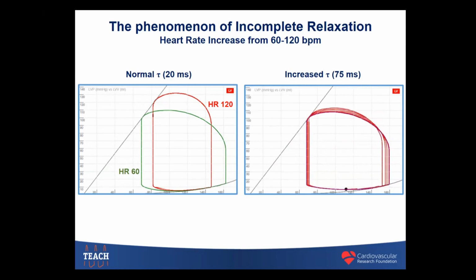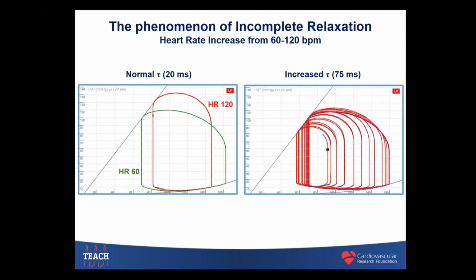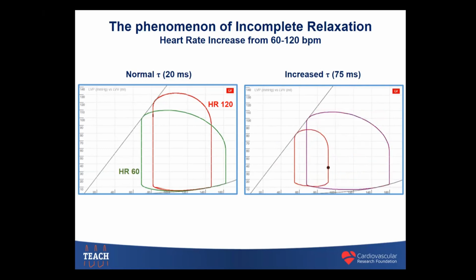Okay, so what you see here is that the stroke volume gets very small. Your blood pressure, actually your systolic, gets quite low because your cardiac output gets so low. Your end diastolic pressures, you can see here, are much, much higher. And you're no longer even on your end diastolic pressure volume relationship.